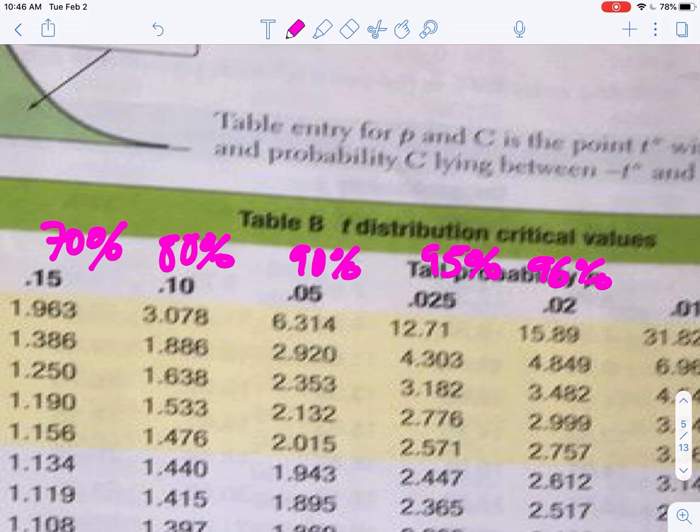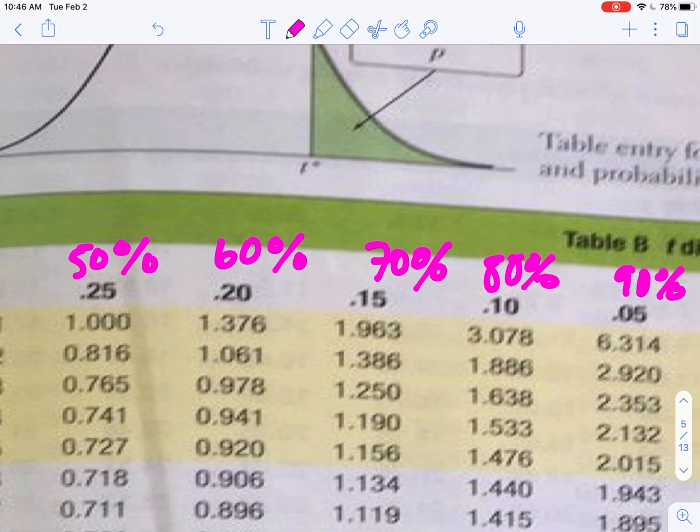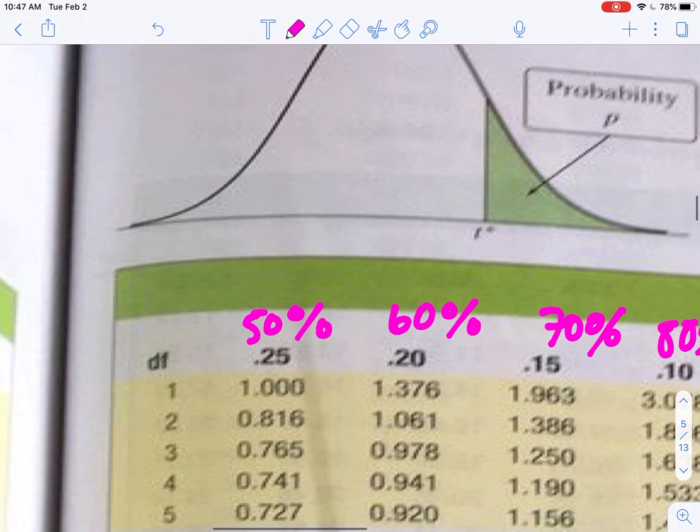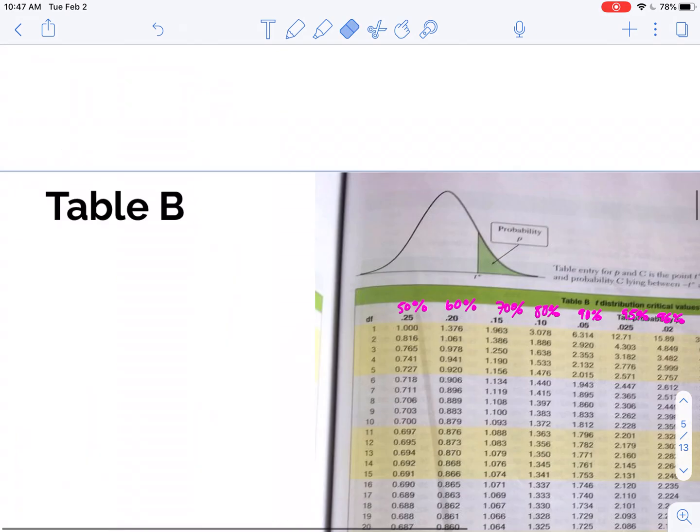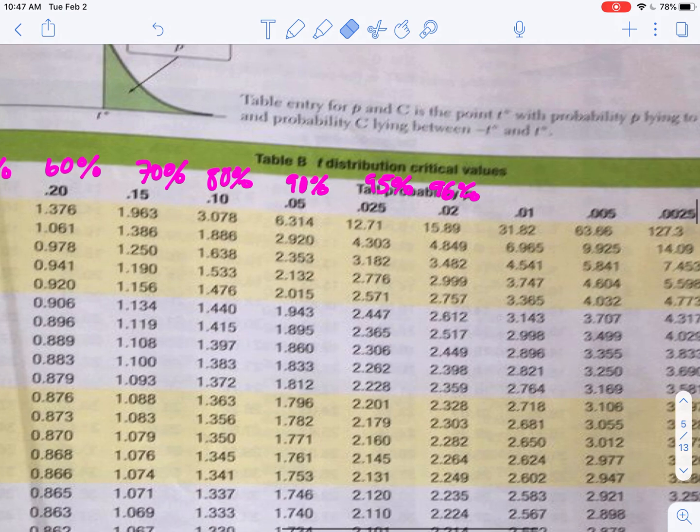We double the amount here. I multiply that tail times 2, and then I do 1 minus that, because that's suggesting each side. So with this 60%, I've got 20 on each side. With this 70%, I've got 15 on each side. With this 80%, I've got 10 on each side, and so on. That's where I'm getting these intervals from.